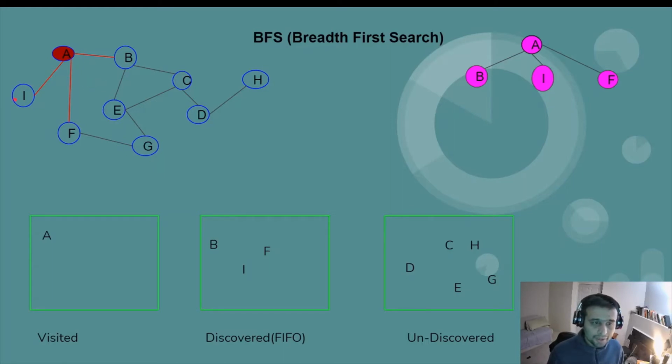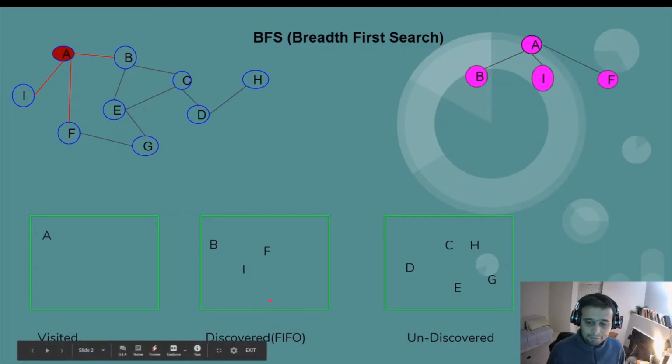So we discovered all three of them, and once that is done, we marked A as visited, and we will not come back to A anymore. And as I said, this discovered area is a FIFO data structure. So B came first, so B will be moved to visited first.